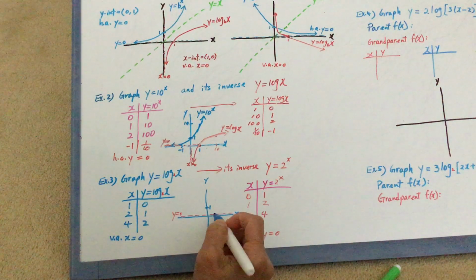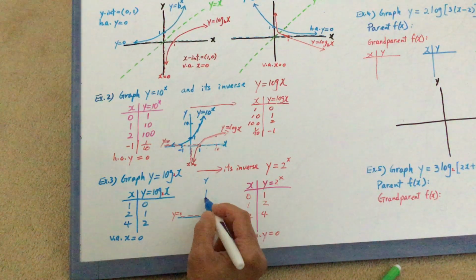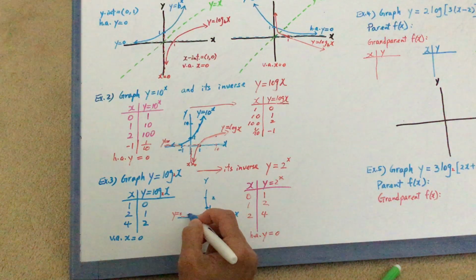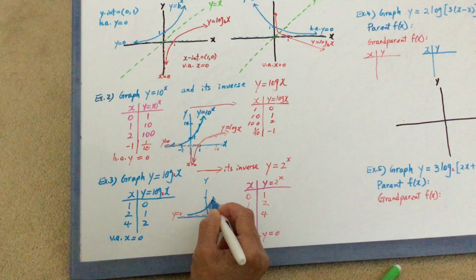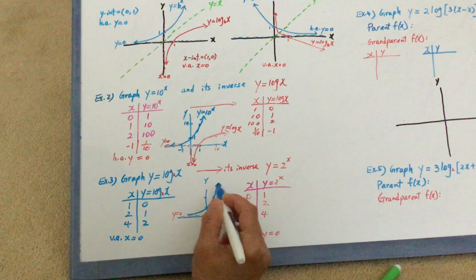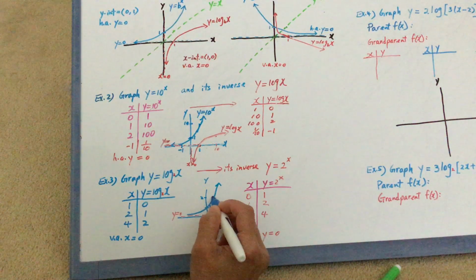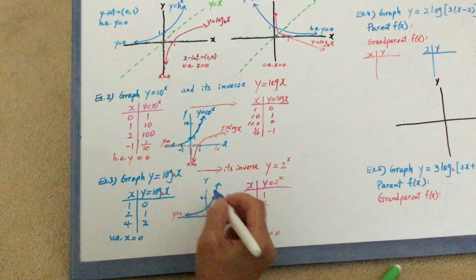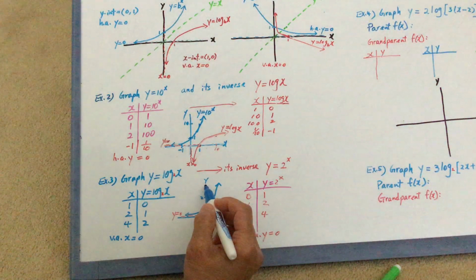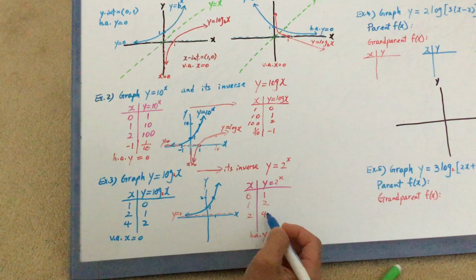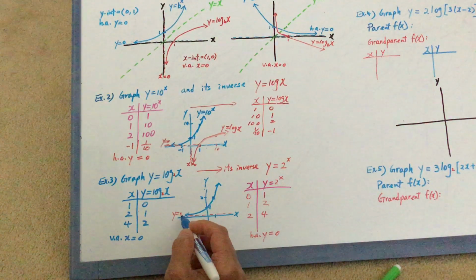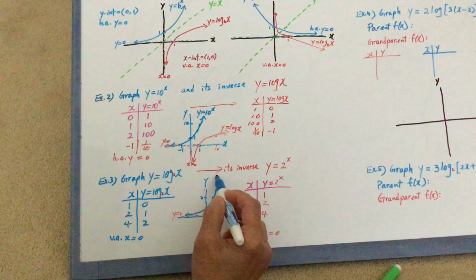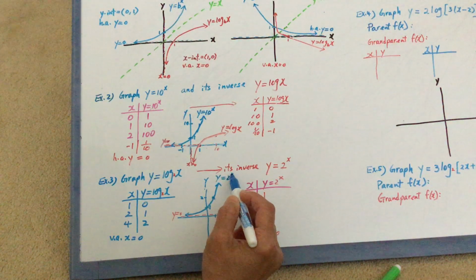I will have a 1, then I will have a 2, and a 2, 4. So approaching, it's going to be like this. Sorry, the 2, I should put it here. Okay? I don't even need to give one more point. Okay, if you have a bigger space, yeah, certainly you can graph all 3 points plus the horizontal asymptote. So here you go. You get your y equal to 2 to the power of x.